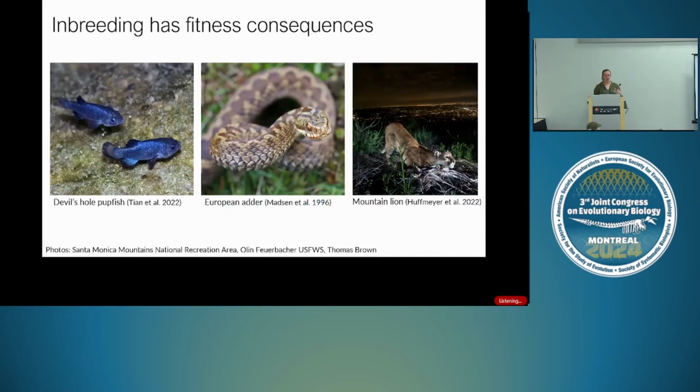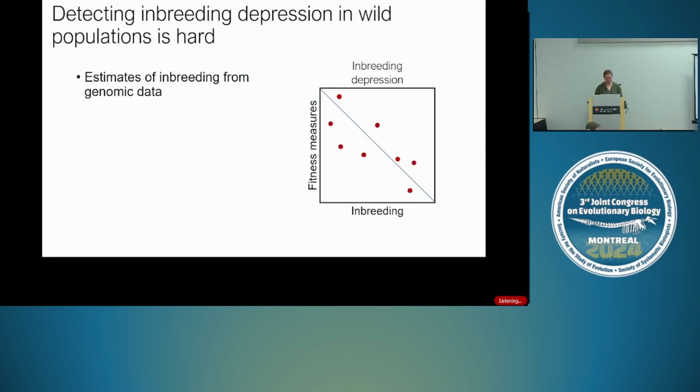So we know from a very large variety of systems that inbreeding can have some pretty dramatic fitness consequences. And we term this relationship, where more inbred individuals have reduced fitness, inbreeding depression. But inbreeding depression is really hard to detect in most wild populations. This is typically done by using some sort of regression model between inbreeding and some measure of fitness.